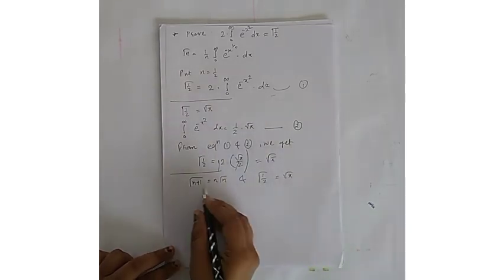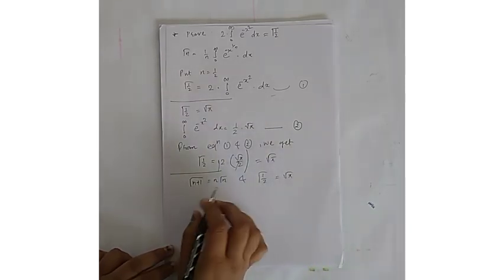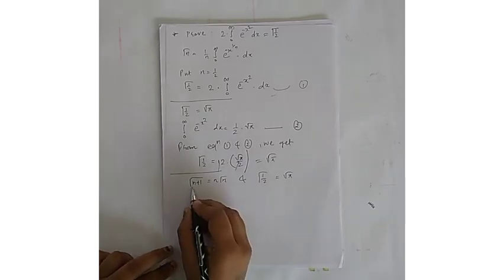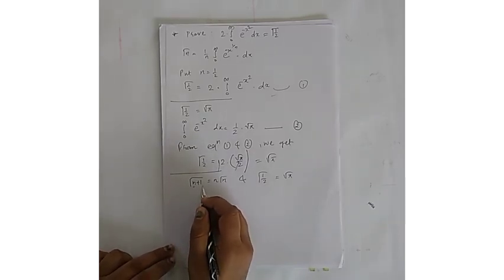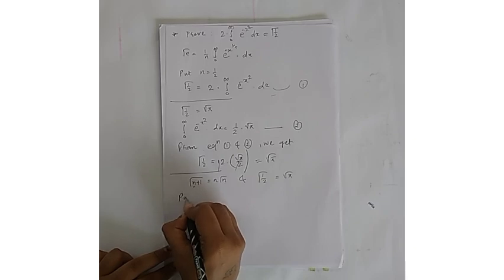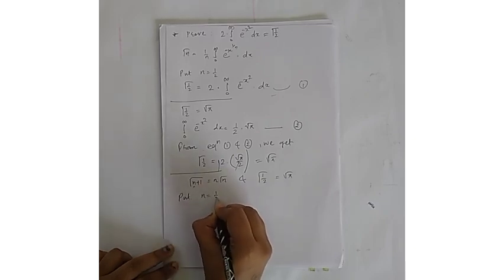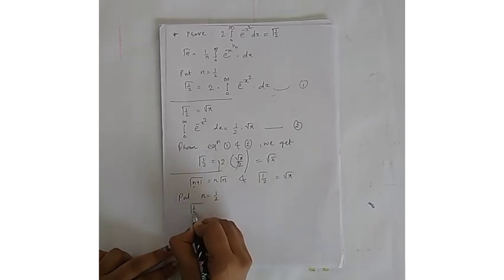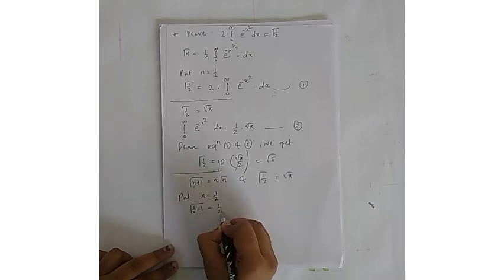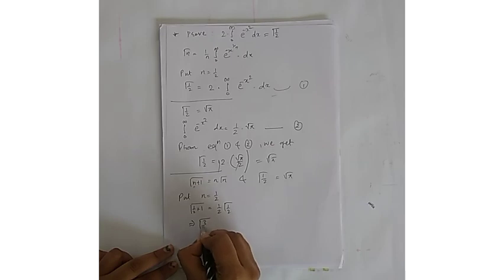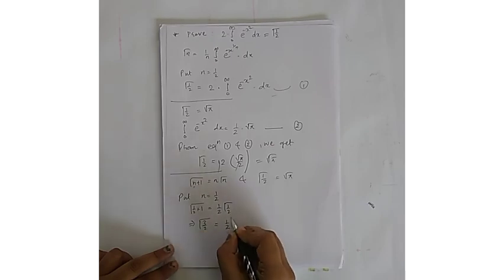Using these two results, we derive some values. If I put n equal to 1 by 2, then gamma 1 by 2 plus 1 is equal to 1 by 2 gamma 1 by 2. So gamma 3 by 2 is equal to 1 by 2 times the value of gamma 1 by 2, which is square root of pi.